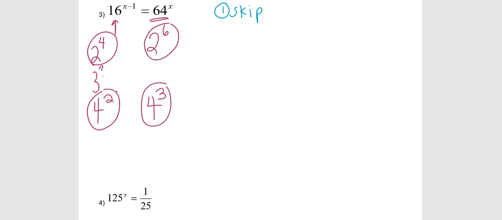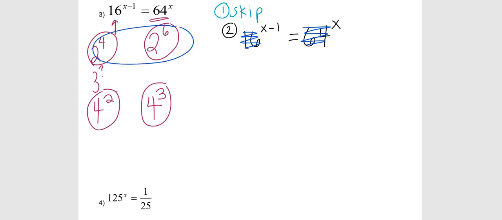So it doesn't matter which one you pick. So we need to replace the 16 and the 64 with either 2 to the 4th and 2 to the 6th, or 4 squared and 4 cubed. So it doesn't matter which one because they both work and would have the same base on both sides.